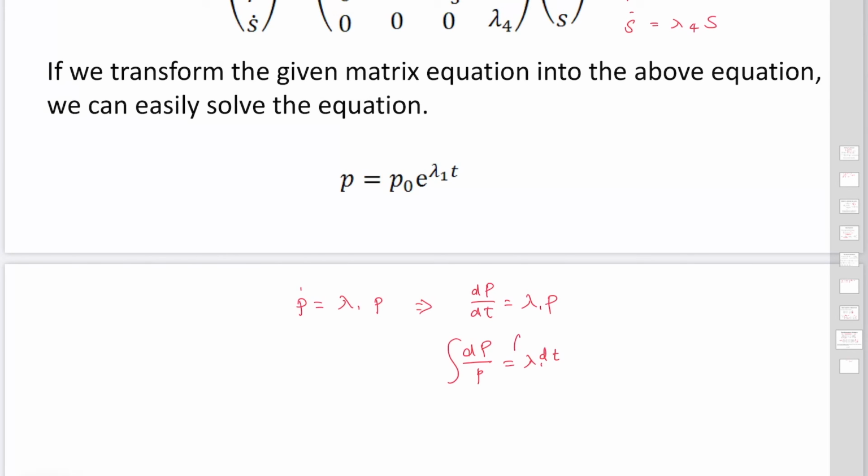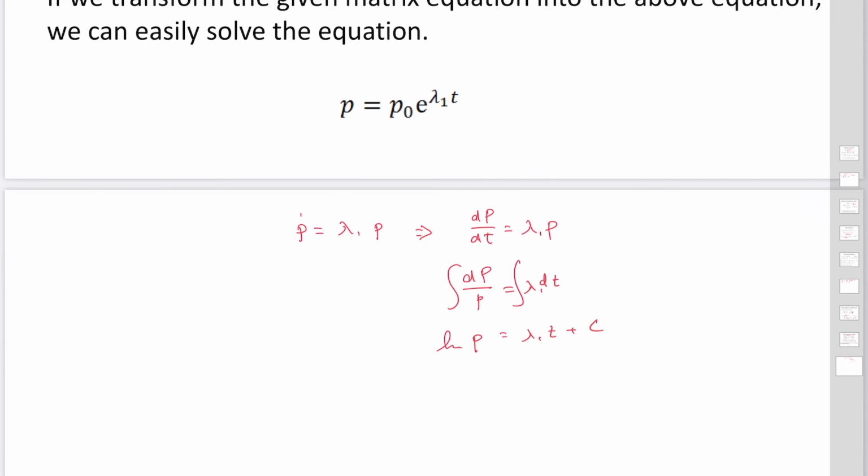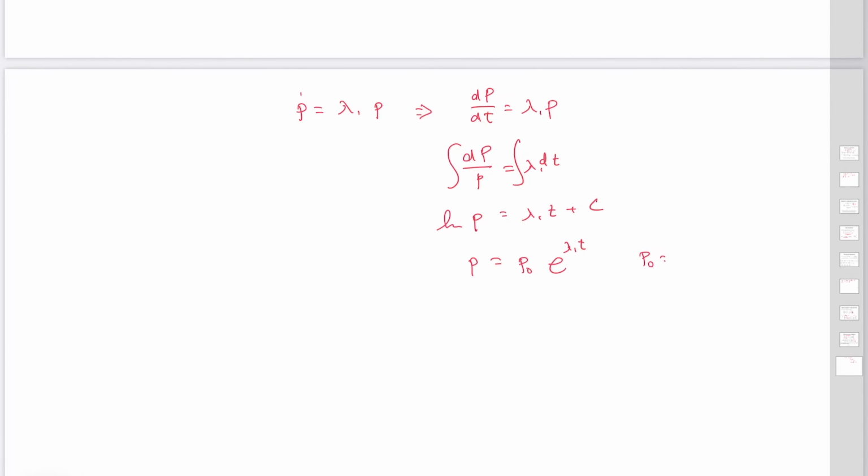Integrating both sides, log P is lambda sub 1 t plus an integration constant. So this means P is expressed as P sub 0 times exponential of lambda sub 1 t, where P sub 0 is equal to the exponential of c.